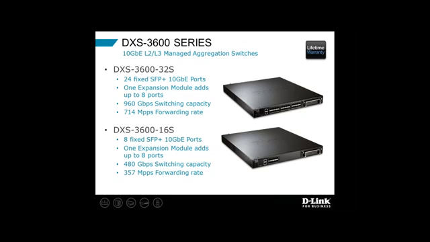It's available in 2 different flavors with 24 SFP plus 10 gig ports, but also with 8 SFP plus 10 gig ports. Both of these switches have an expansion module that you see on the right side of the switch. And that expansion module is available to add additional ports. So I can add more 10 gig ports or even gigabit ports to the switch, and I'll show that on an upcoming slide.